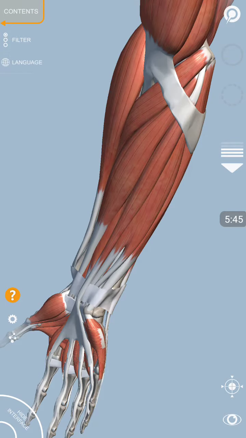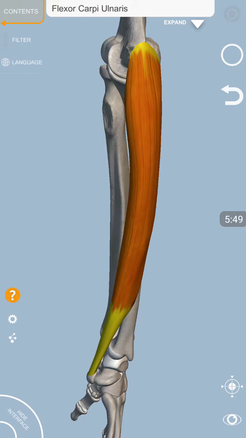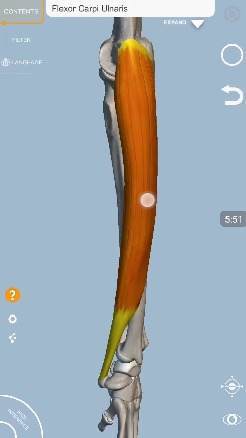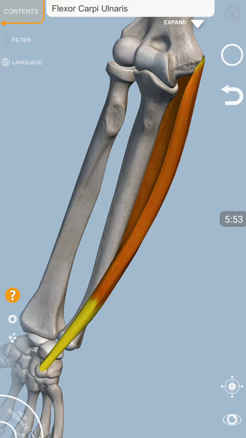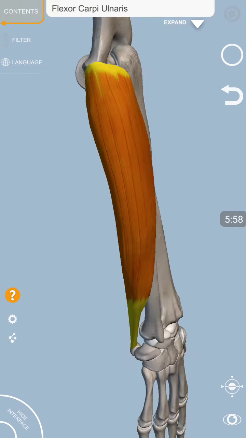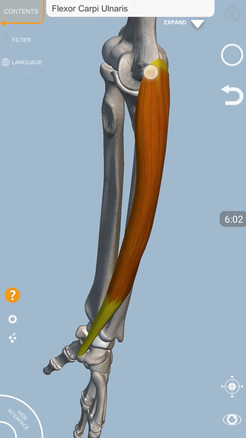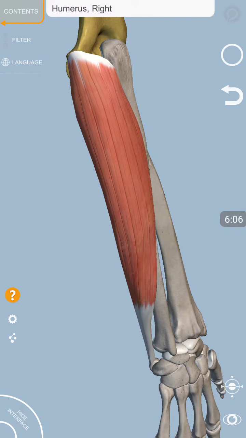Then we have another muscle. This is called flexor carpi ulnaris. This flexor carpi ulnaris actually originates from 2 or 3 points. Number one is the medial epicondyle along with all flexor muscles.